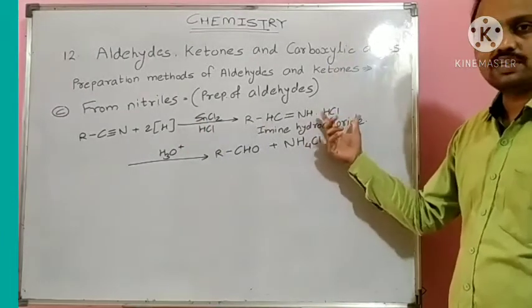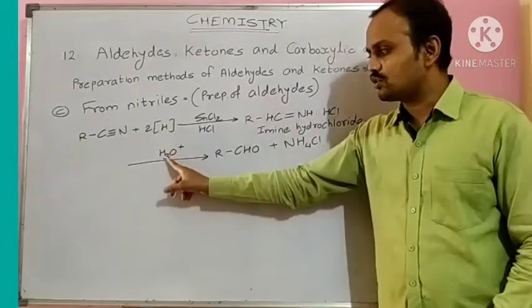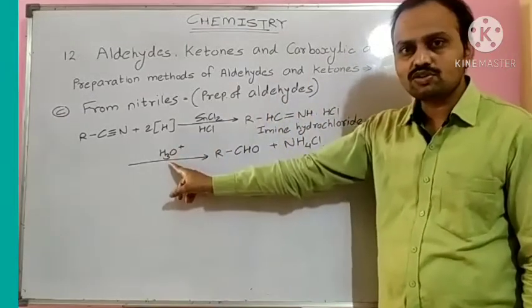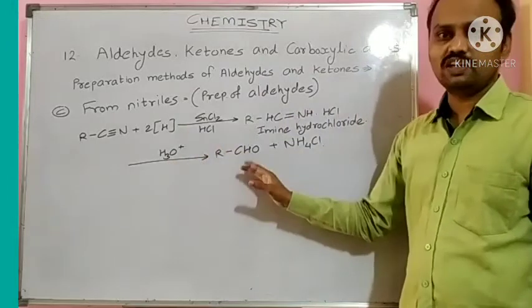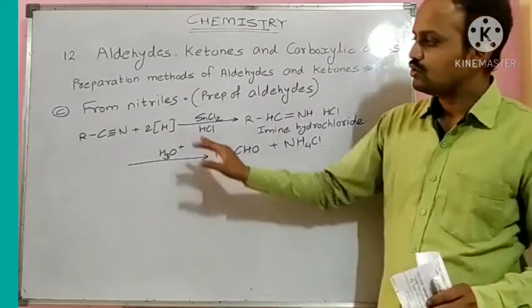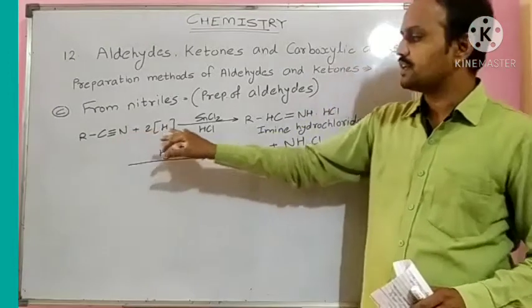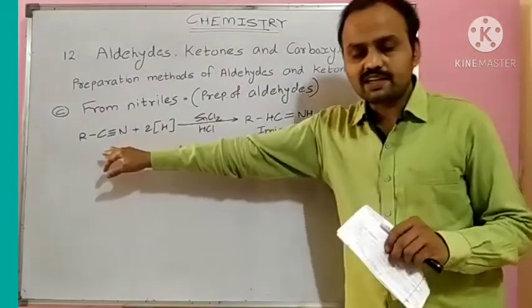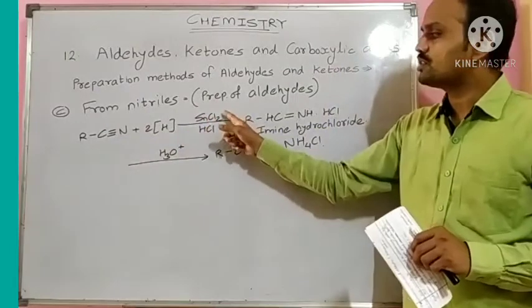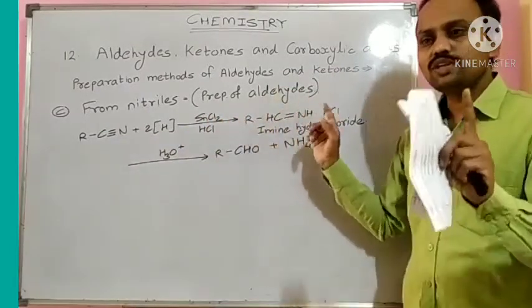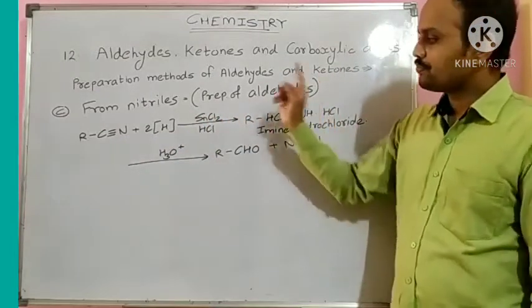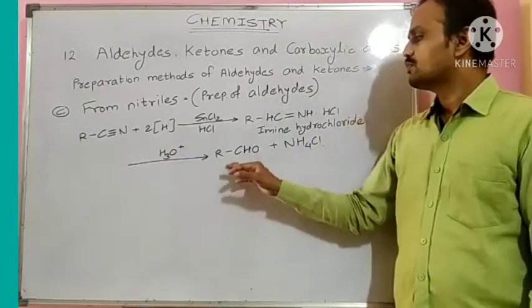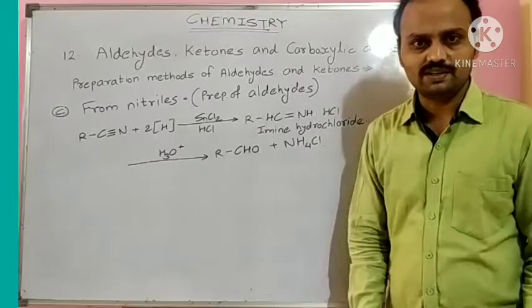This intermediate on acid hydrolysis gives the corresponding aldehyde. So first nitriles will get reduced with stannous chloride, we get imine hydrochloride, and that imine hydrochloride on acid hydrolysis gives the corresponding aldehyde.